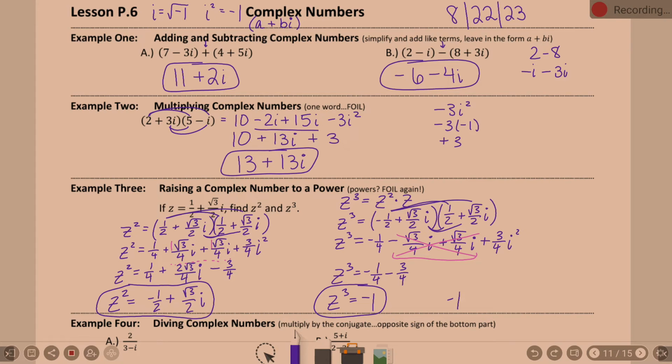It's -1 plus what? 0 i. In other words, because there is no imaginary part here, right? So basically, if you have a real number like -1 and you're asked to write it in a complex number form, it's -1 plus 0 i. Okay?